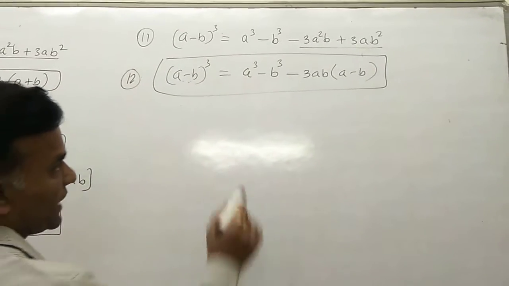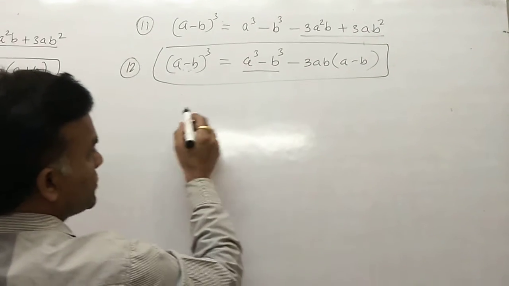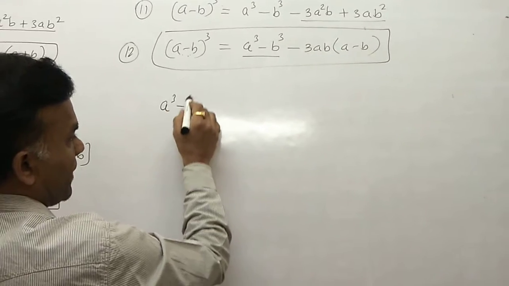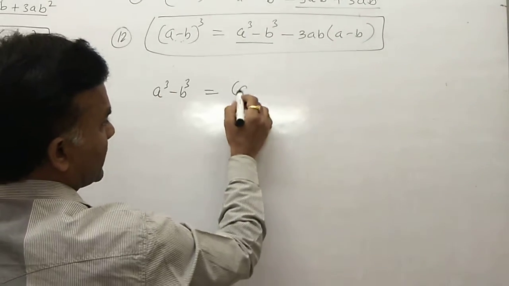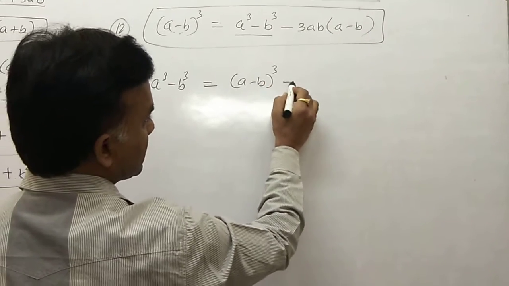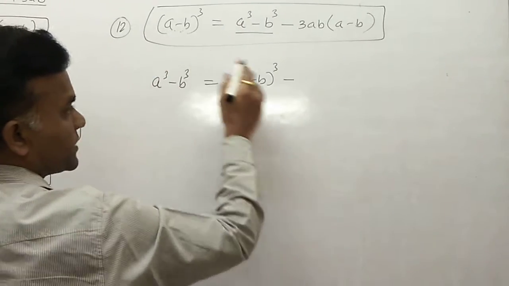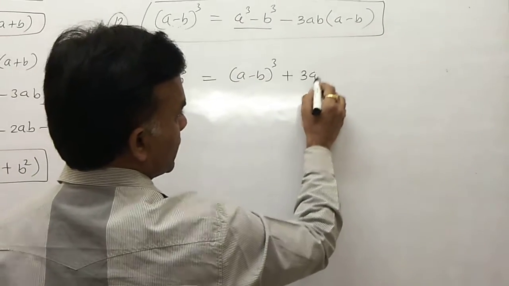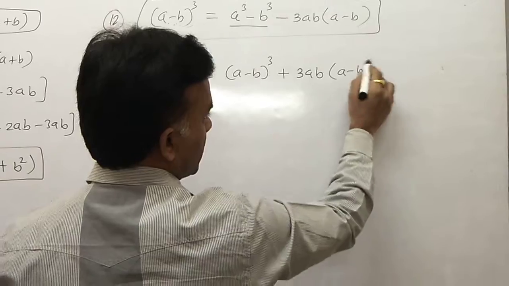Now again here we find out the value of a³ − b³, so you write down separately a³ − b³, then this bracket (a − b)³ you put as it is, and then this is minus minus plus, so plus 3ab into (a − b).